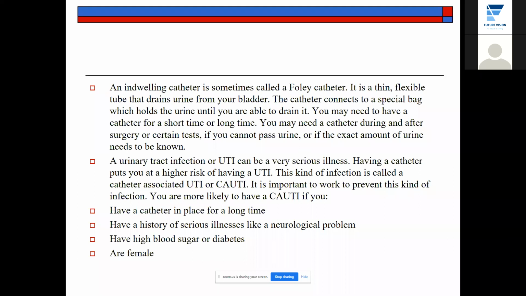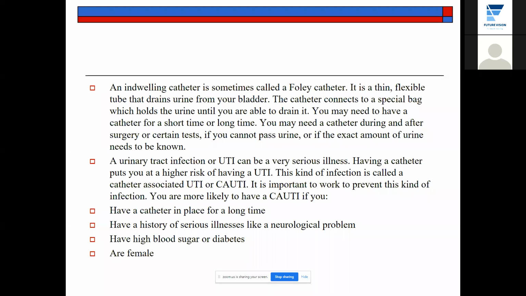Female. Immunocompromised, excellent. Stone, those who have stones, excellent. Autoimmune disease. Long time catheter, okay excellent, meaning patients who have a catheter for long term.